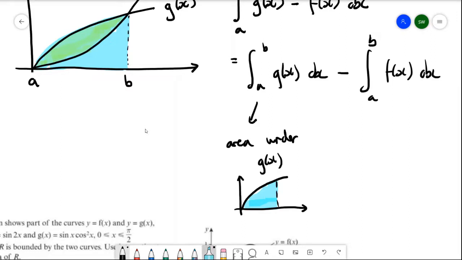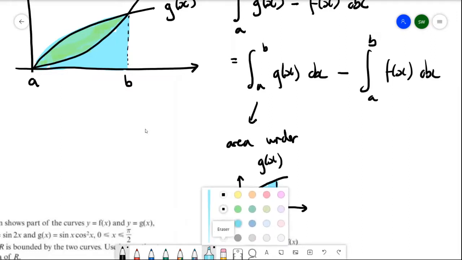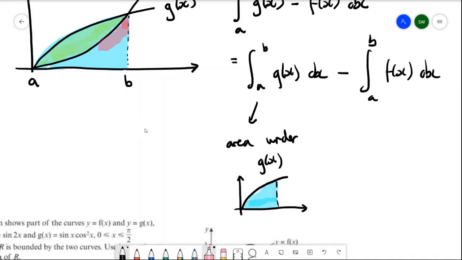We need to subtract this area underneath f. So if we want to subtract that area underneath f, then we need to subtract this integral here, which is shaded red in this diagram.